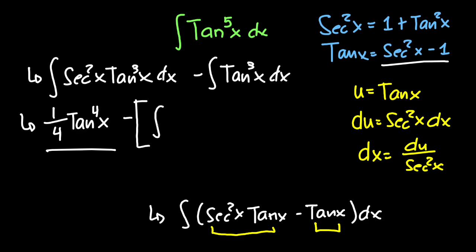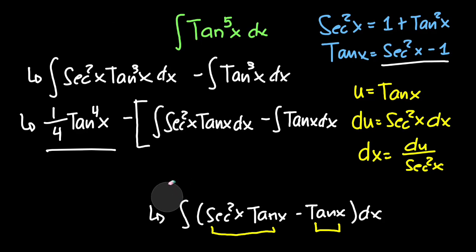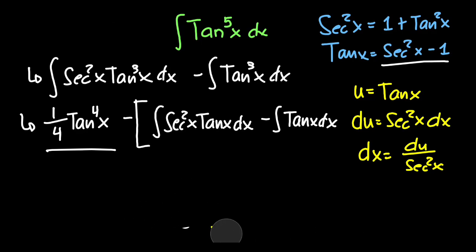So this would be the integral of secant squared x tangent x dx minus the integral of tangent x dx. Now that we have this, focus on this part again, the integral of secant squared x tangent x dx.